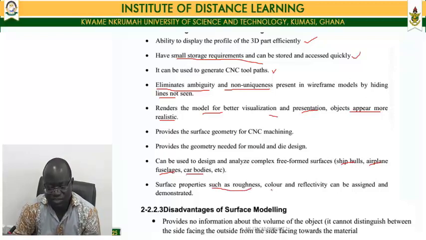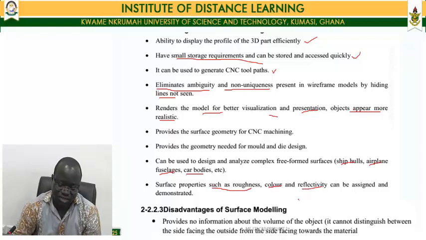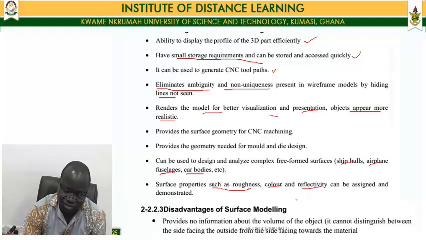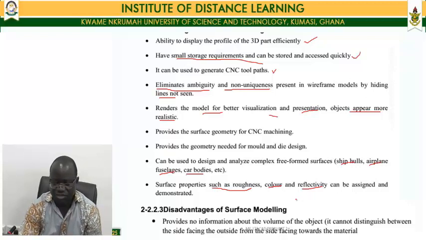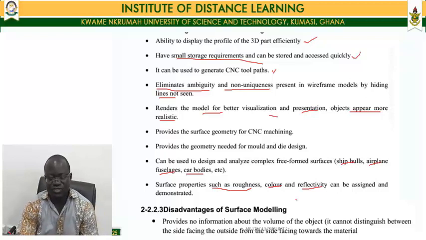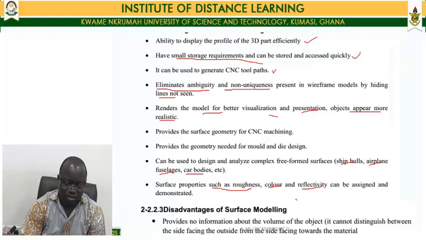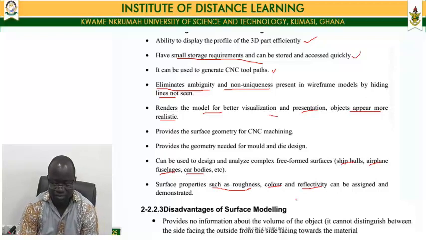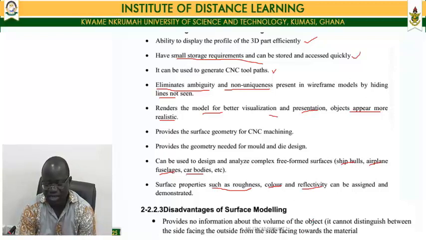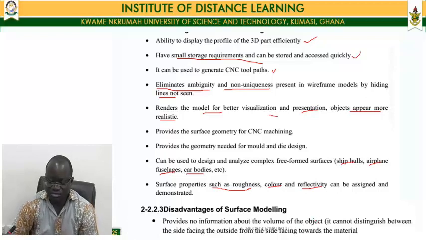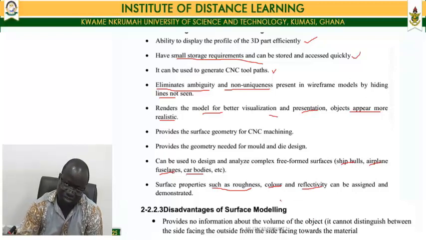Now, the disadvantages of the surface modeling is that, one, it gives you no information about the volume of the object. Now, that is the disadvantage. When you have a surface model, it is not able to interpret a side which is facing the outside from that which is facing the material, or what we call the inside.